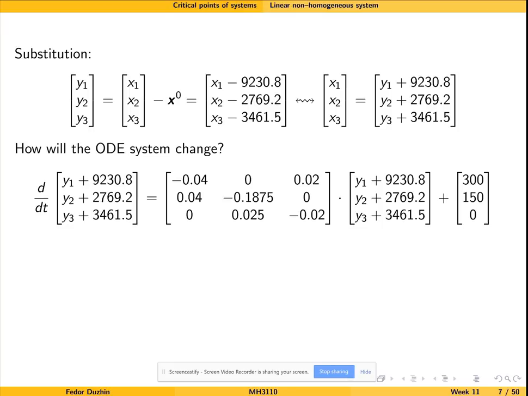Notice that y differs from x by adding a constant. So dy/dt is going to be the same as dx/dt, because when you differentiate a constant it is 0. So dx/dt equals dy/dt.